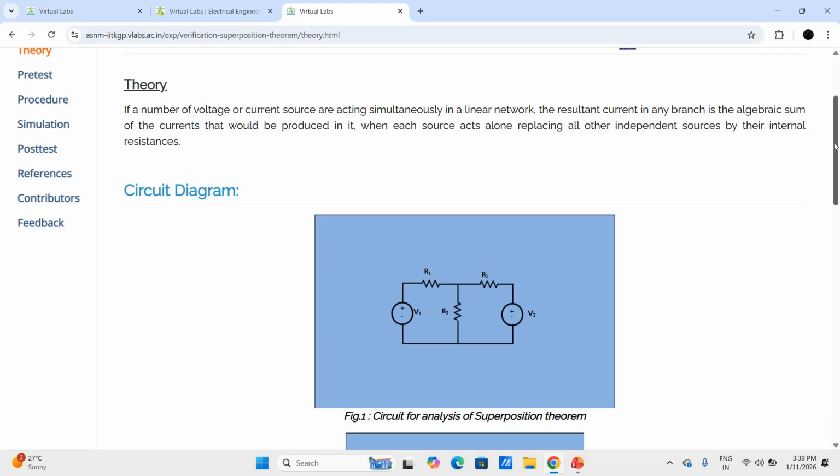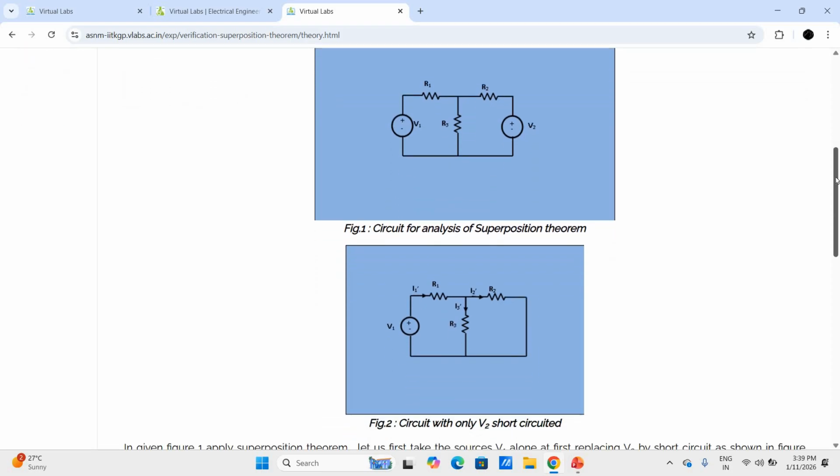For example, suppose this is one circuit in which there are resistances R1, R2 and R3, and there are two sources V1 and V2. That means the condition for the superposition theorem is satisfied. Suppose I have to calculate the current through each resistance. First of all, we'll consider only the V1 source and replace the other voltage source by a short circuit, and we'll find the current through each resistance.